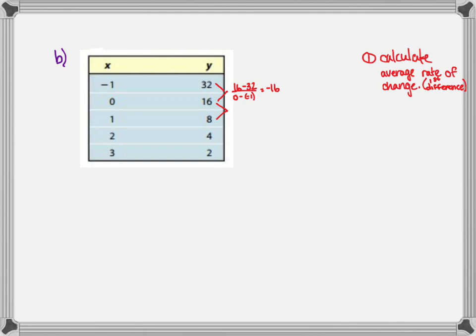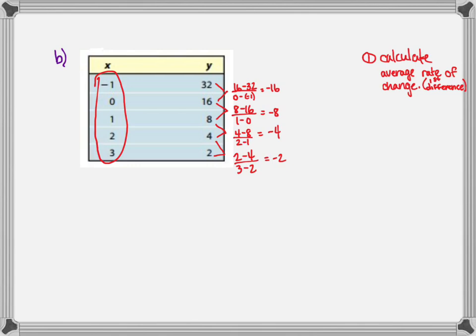Going from our second row to our third row, we have 8 minus 16 over 1 minus 0, and that is -8. Going from our third row to our fourth row, we have 4 minus 8 over 2 minus 1, and that is -4. And then our final comparison, we have 2 minus 4 over 3 minus 2, which is -2.